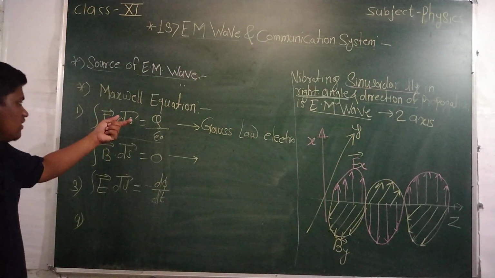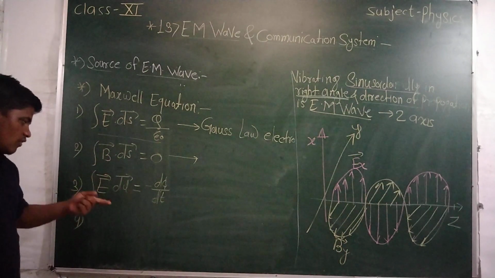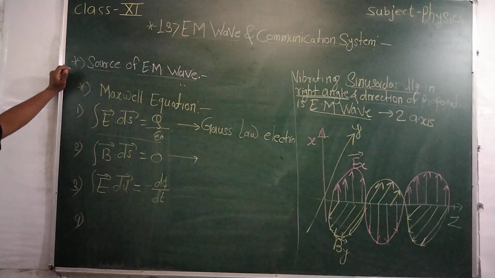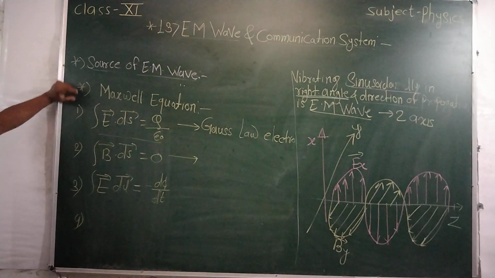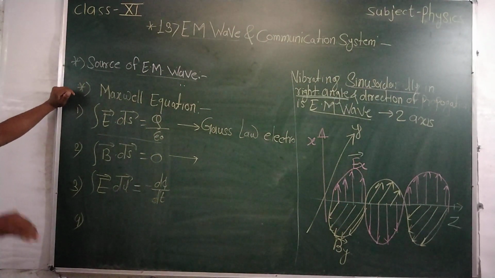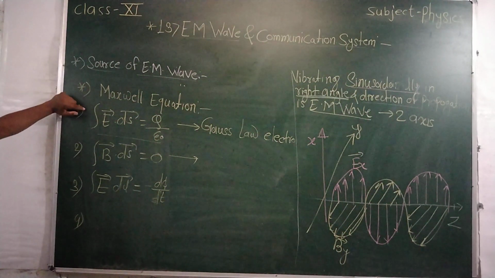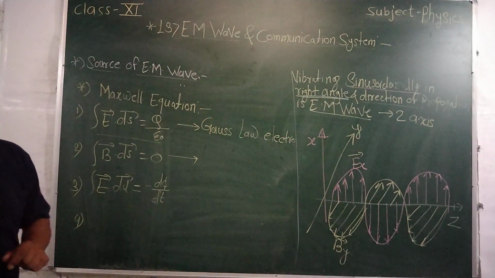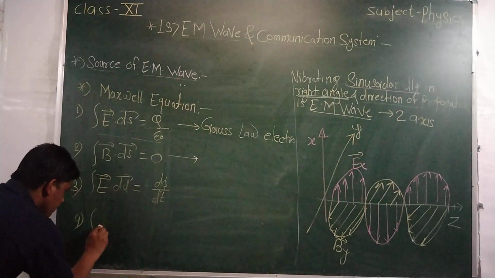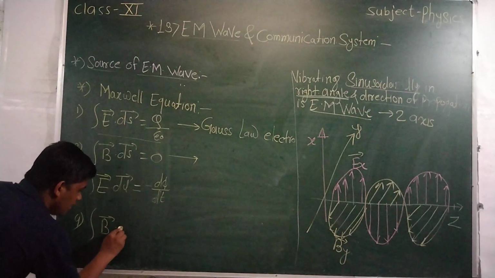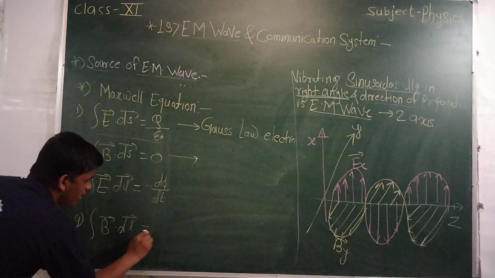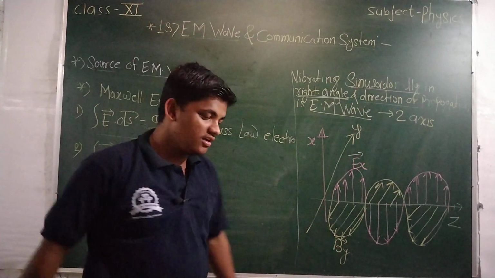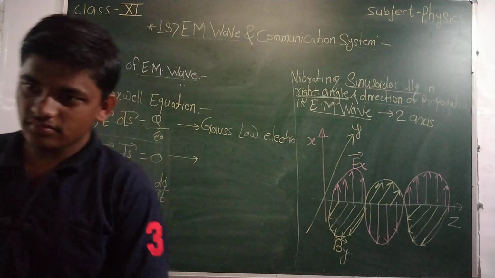One is for the electric field, another is for the magnetic field. They are produced alternately: first is electric, second magnetic, third electric, and fourth is always magnetic. Then B dot dl, one along the surface and one along the length.